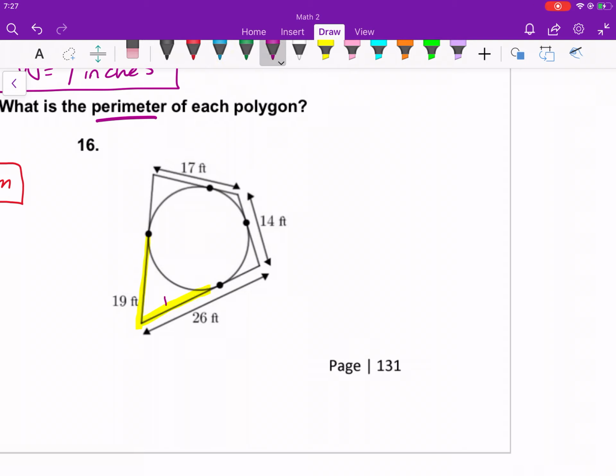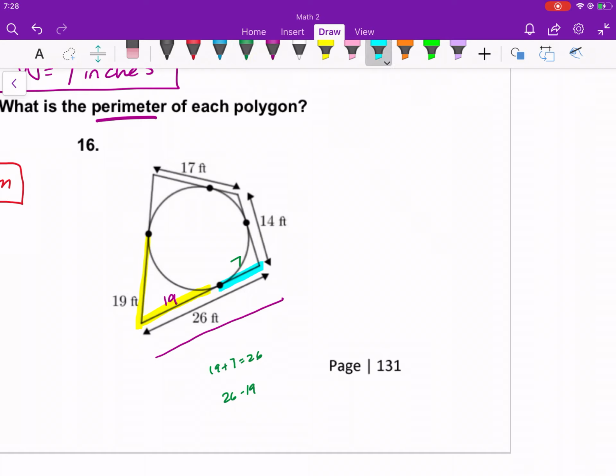So this right here should also be 19 feet. Now if the whole length is 26, then this length, you just subtract 19 from 26, and you get that this length should be 7. So notice 19 plus 7 gives you 26. You could have found that by just subtracting the 19 to get that 7.